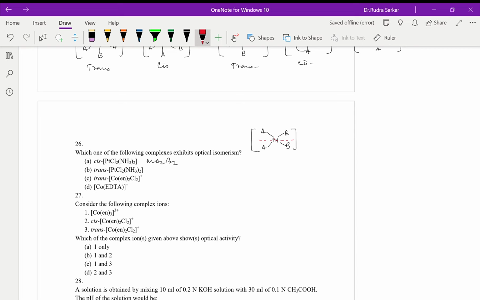Next, complex number B, which is again of the type MA2B2.